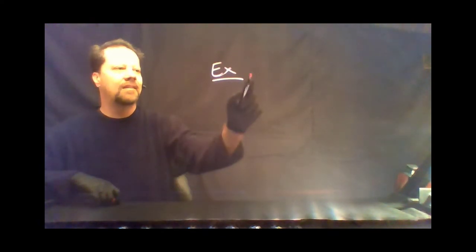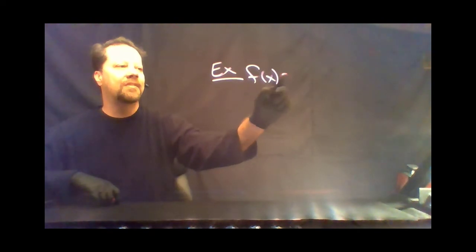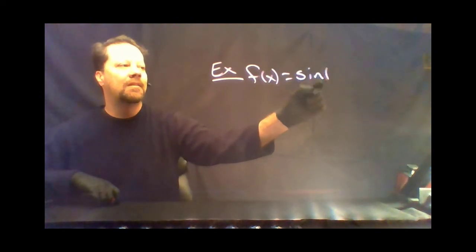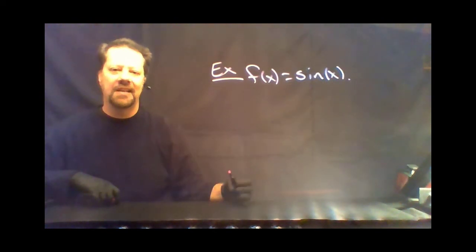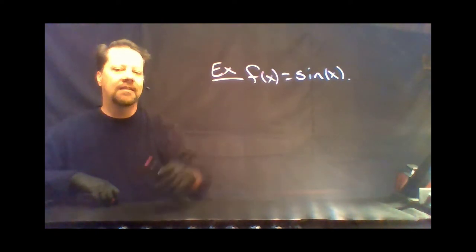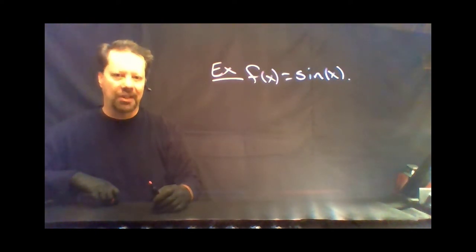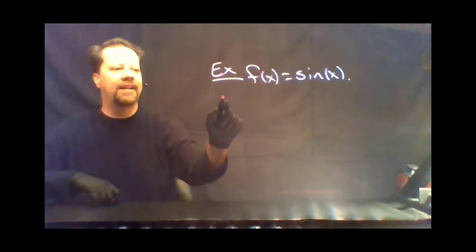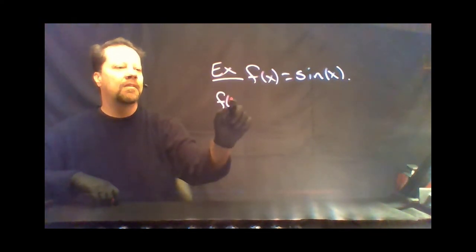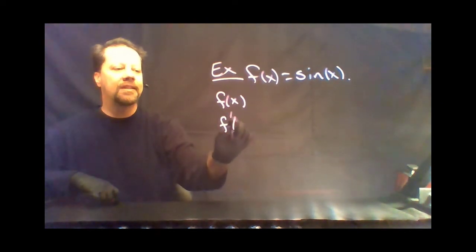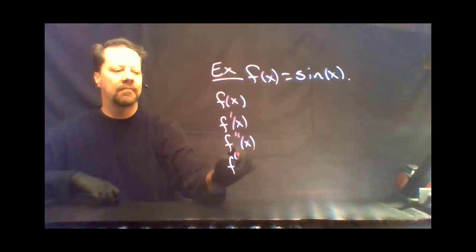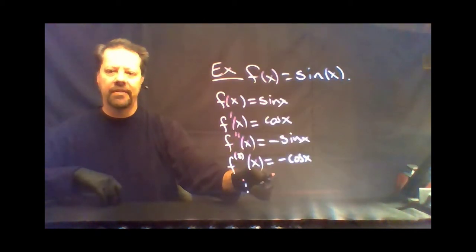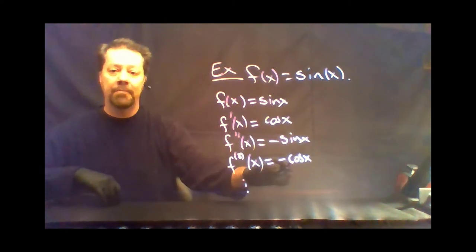Let's try f of x equals sine of x, and let's find some of the Maclaurin polynomials associated with sine of x. To do this, we're going to make, first of all, a list of derivatives. The next derivative, the fourth derivative, is back to sine of x.